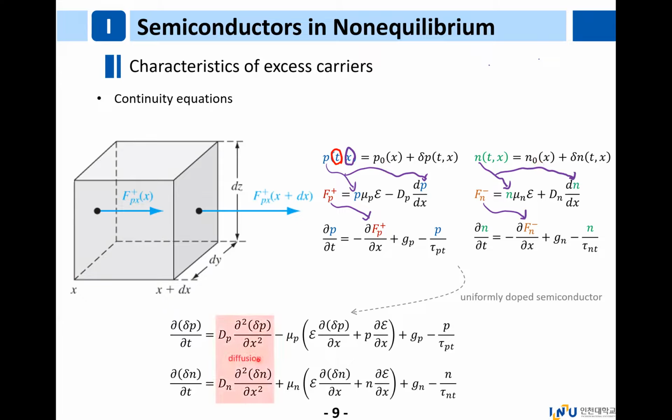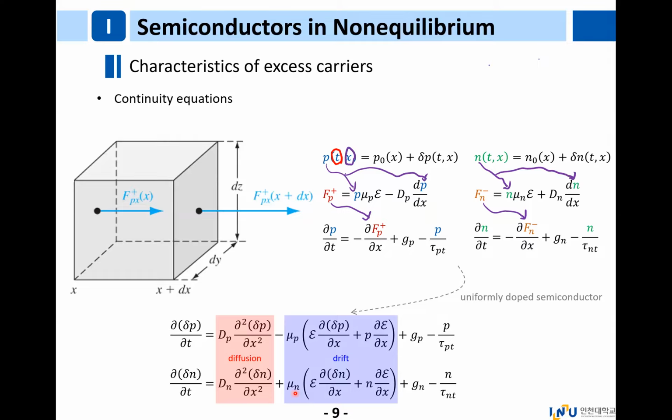So when you see the first term, it involves the diffusion constant, indicating its relation to diffusion. The next term involves the electric field, indicating its relation to drift.